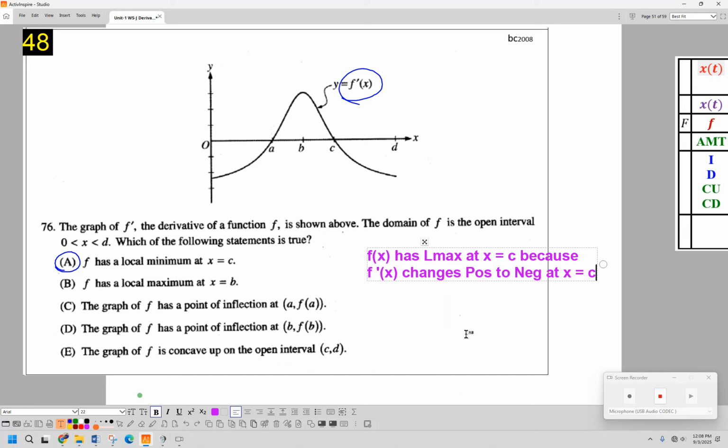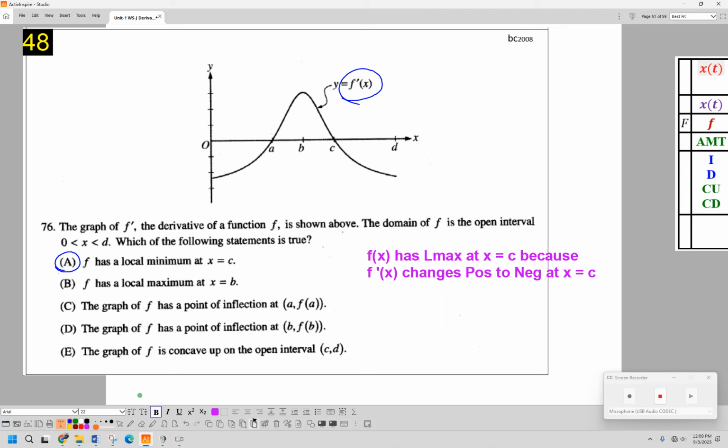I fight my mouse to get it to work. Yeah, please, Brianna. Isn't point B a local maximum for f prime of x, not f? That is perfect.